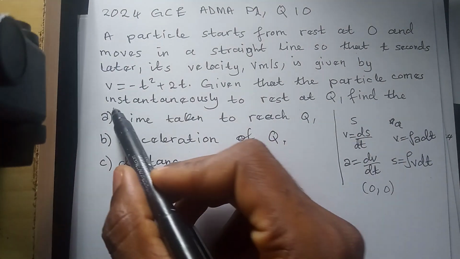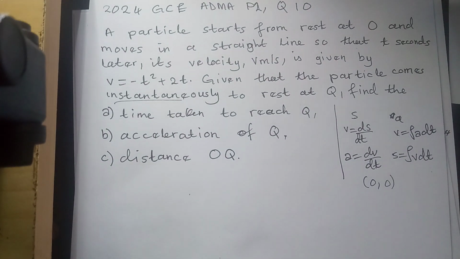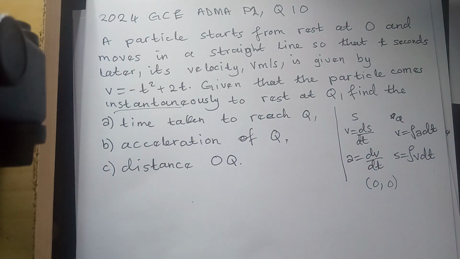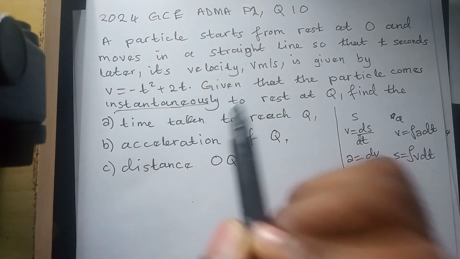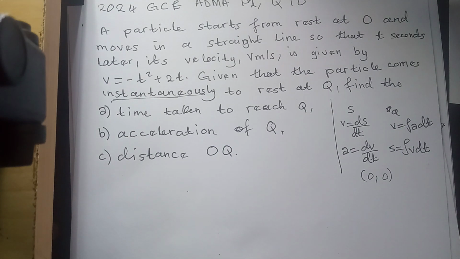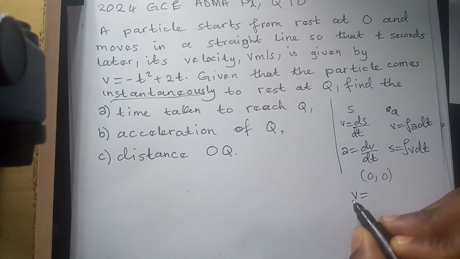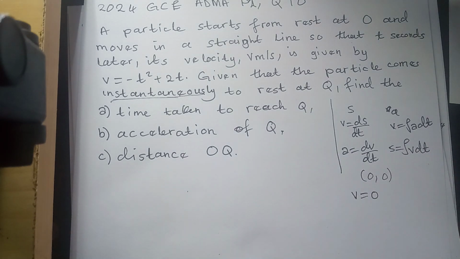I'll talk about this on part B. So for the time taken to reach Q, on part A, the word instantaneously at rest means that the particle is resting instantly. It's not moving. In other words, the velocity is equal to 0.